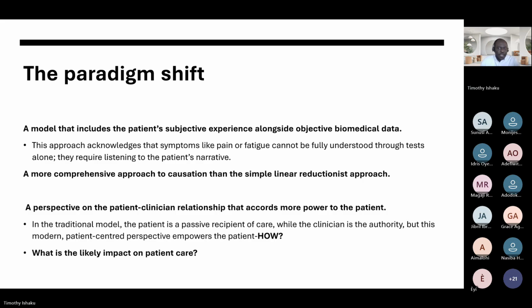But probably the paradigm shift is a more comprehensive and naturalistic approach. We all, as human beings, live in a very complex, dynamic, interacting world. We are influenced daily by the things that go on around us, the things that go on in our mind, all those things.